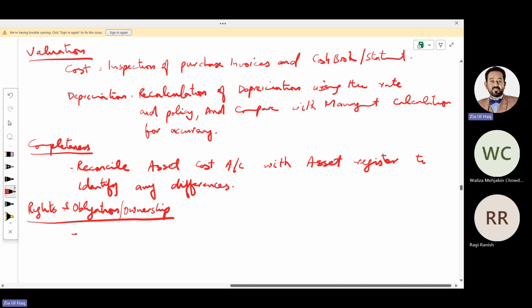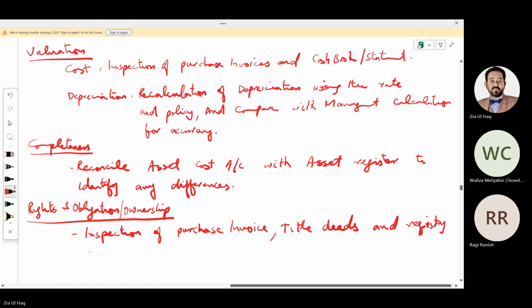So how can we verify ownership? Inspection of purchase invoices for machinery, title deeds for land, building, and registry documents, to ensure it is owned by the company.